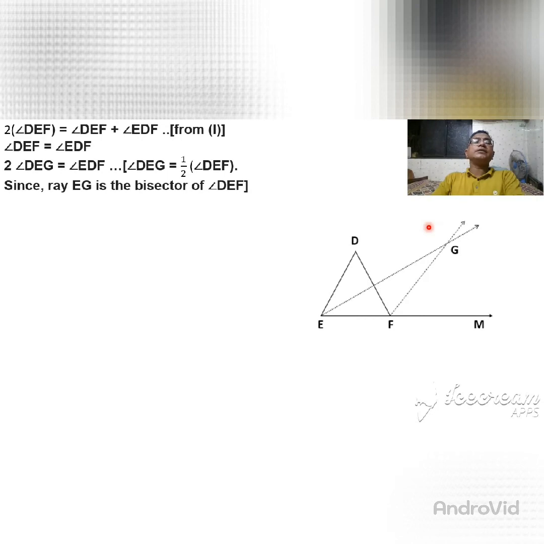EG is the angle bisector of DEF. So this 2 is multiplying DEG; when it goes across, it divides. So DEG is equal to half of EDF. So EDF, this angle is bisected, then you get the value of DEG, half of it.